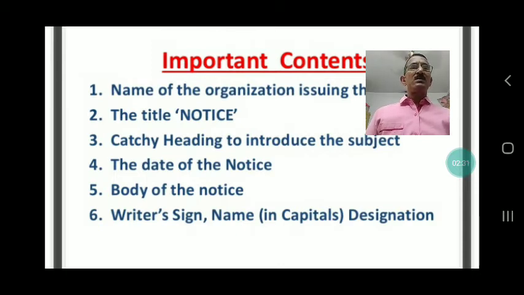The date of the notice must be mentioned. The body of the notice should be written. Then the writer's signature, name in capitals, and designation should be written so that who is authorized to write the notice can be easily conveyed to everyone.